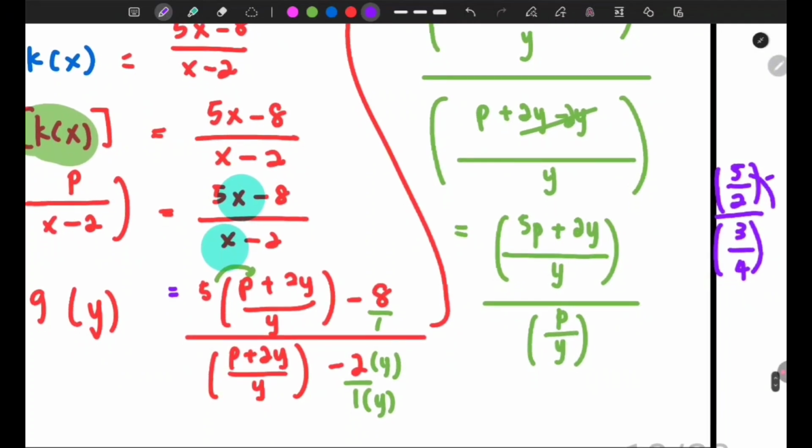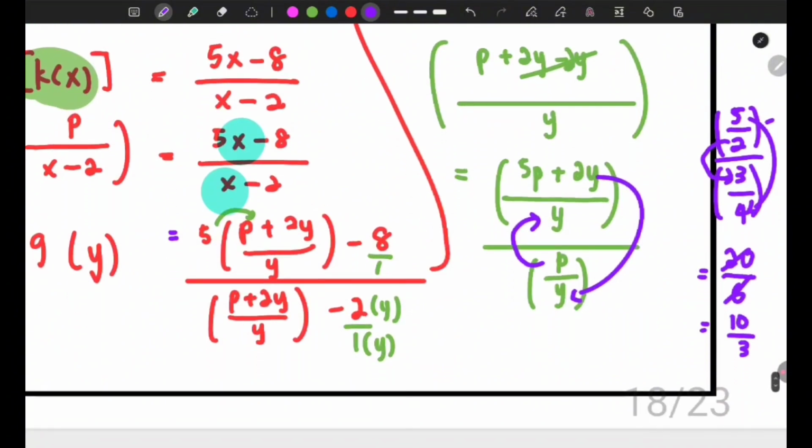Five you times with 4, how much? 20. 2 times with 3, 6. 20 over 6, if you simplify, 10 over 3, isn't it? The same concept, this thing times this thing, this times this.